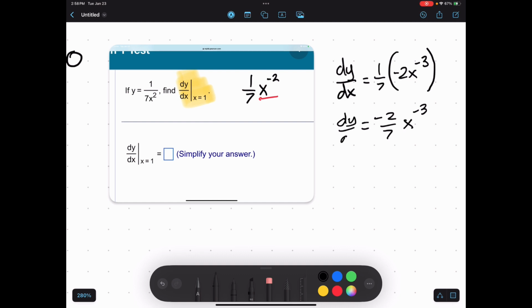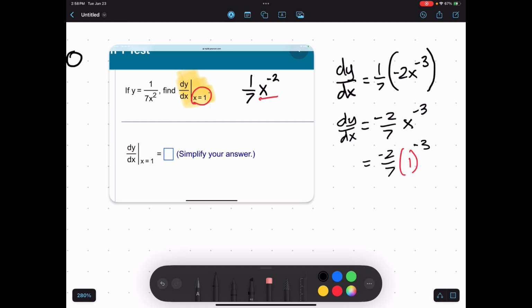And now, once again, all this means is that I'm evaluating it at x equals 1. So what does that mean? It just means I'm going to plug in 1 for x. Well, what is 1 to the -3rd?